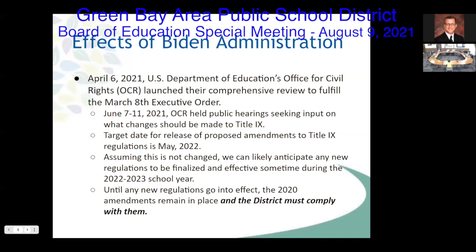This would mean that the earliest that any changes to the regulations would be finalized and effective would be sometime during the 22-23 school year. So until any new regulations are effective, OCR has made it clear that the 2020 amendments remain in place. Again, the district must comply with the current regulations as they carry the force and effect of law. We have no choice other than to put aside a liability issue.